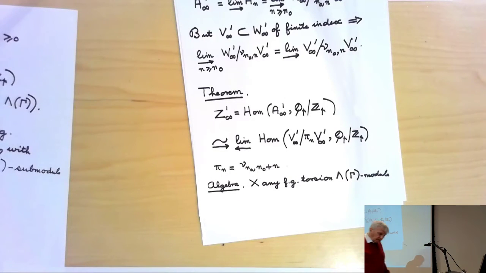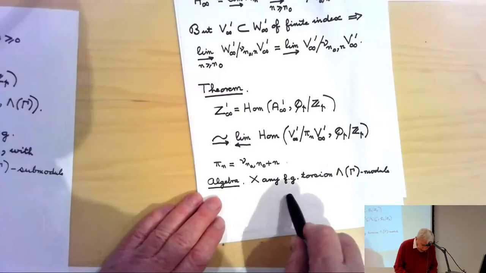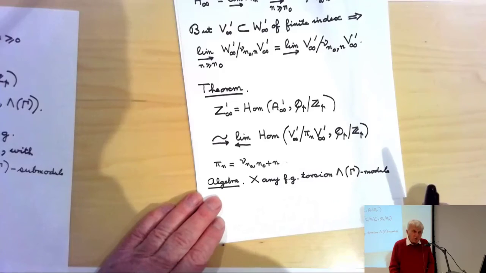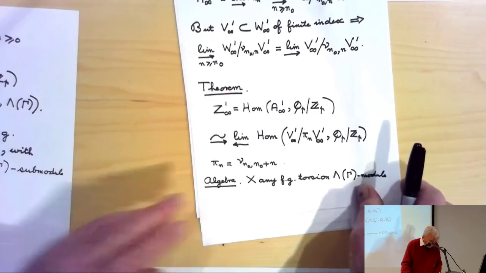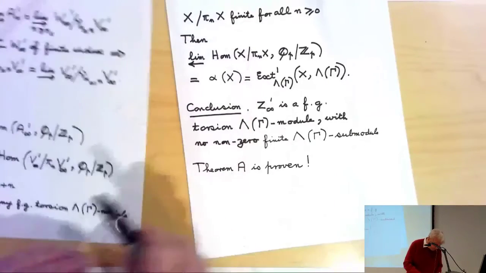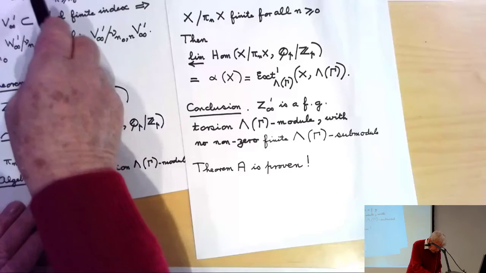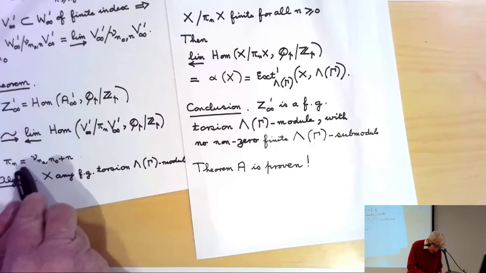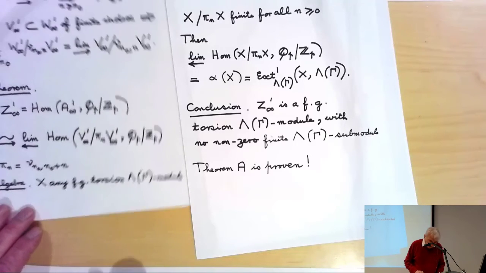Let X be any finitely generated torsion lambda gamma module, and let's assume that X over pi n X is finite for all n greater than or equal to n naught, which certainly was what we had here, where pi n is given by these n naught plus n's.